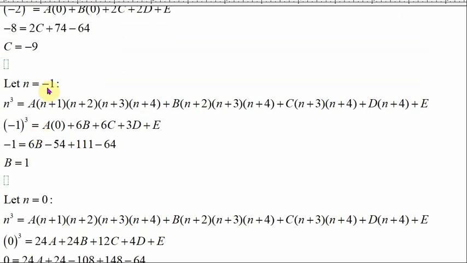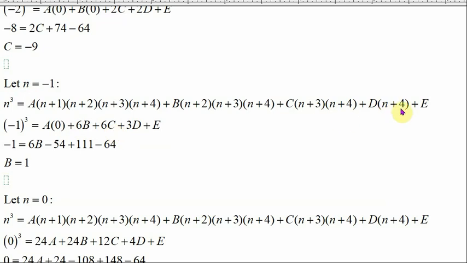And now let n be negative 1. Then we get negative 1 for the left side. And when n is negative 1, this will be 0. And here we get 1 times 2 times 3, which is 6. And here we get 2 times 3, which is 6.